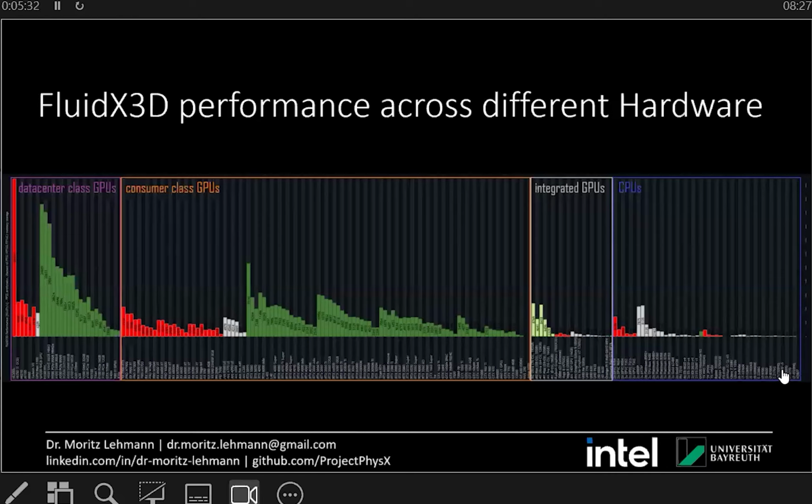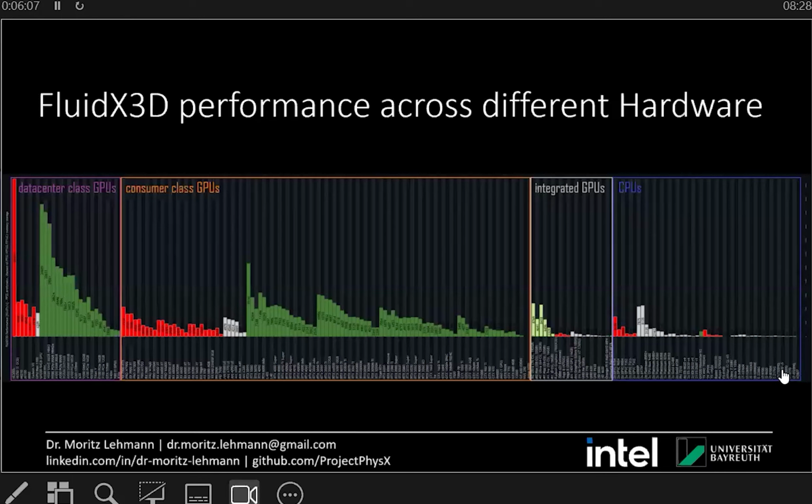Then there are the Intel GPUs, the Arc A770 and the new B580, and also all of the AMD GPUs. So this is all of the consumer GPUs. What they have in common, why I can put them in a group of consumer class GPUs, is that they all have quite poor FP64 performance. Then there's a class of data center GPUs, and they have quite high FP64 performance. That's why I still group them together.